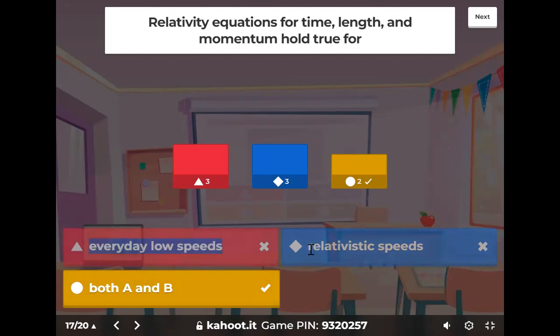So you bring in Einstein's relativity, which is able to explain things that Newtonian physics couldn't. But if you put in non-relativistic speeds, like everyday low speeds, then Einstein physics simplifies to Newtonian physics. So it covers both. That's called the correspondence principle.